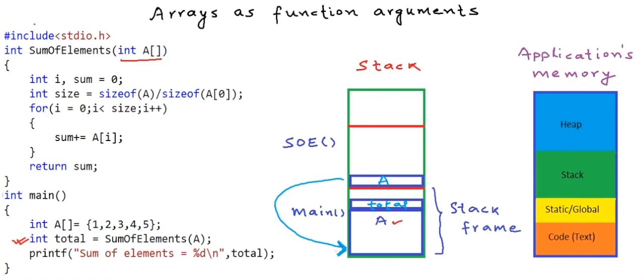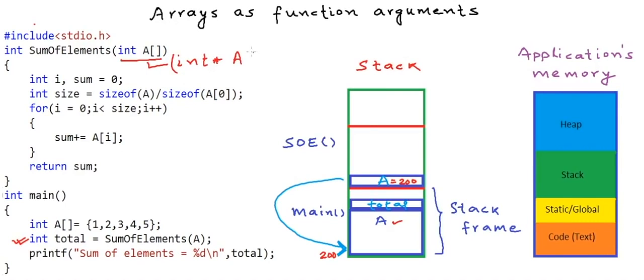Let's say the address of the first element in this array A that belongs to the main method is 200. So in sum of elements, all that happens is a pointer to integer is created and the value in this pointer is 200. The compiler implicitly converts this int A to something like int star A.